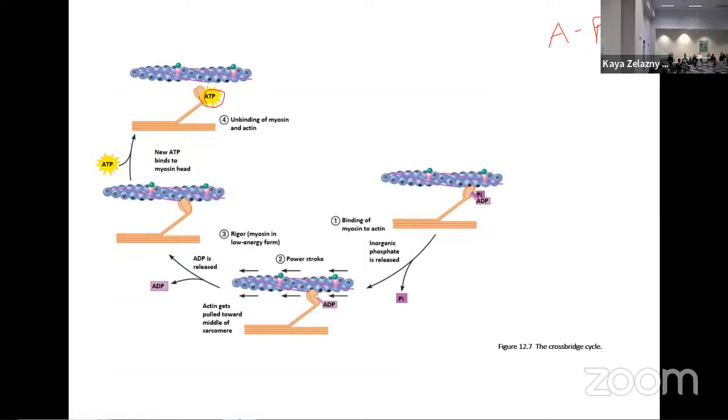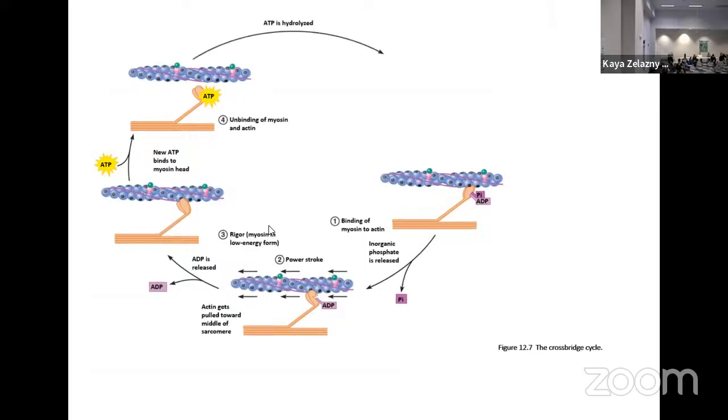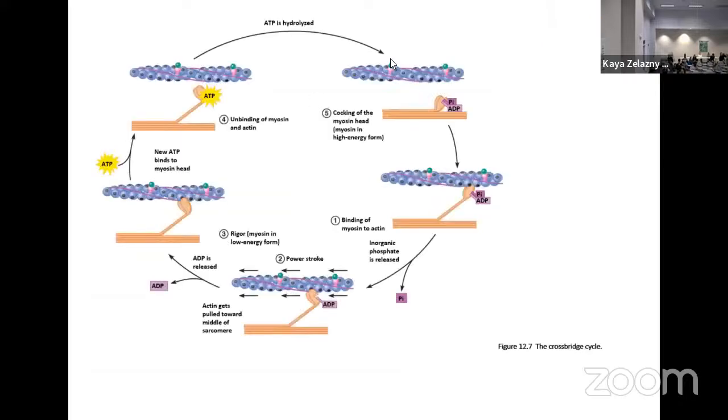Hydrolyze it, so we break it down using water. Now we've got ADP again. Okay, so when we get that breakdown of ATP to ADP and phosphate ion, we're going to tuck in that myosin head. So this is the tucking of the myosin head formally, putting it into this high energy form.